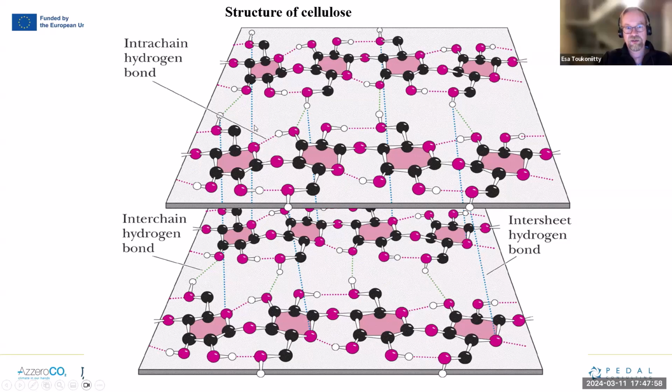And then you can have these bonds also between neighboring chains, and you can also have similar bonds between sheets of cellulose on top of each other, and so on. So there's lots of bonding in different directions, and that makes the material very strong.